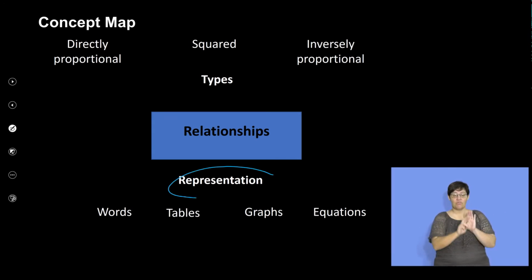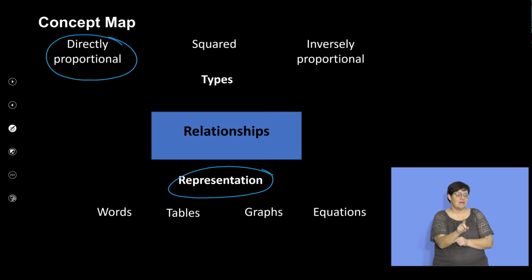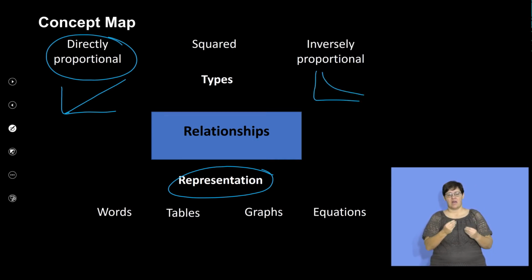When we represent graphs, we must make sure that we try and show a directly proportional relationship. A directly proportional relationship will always have a straight line that passes through the origin, where with an inversely proportional relationship, it might come up that we've got a curved line.